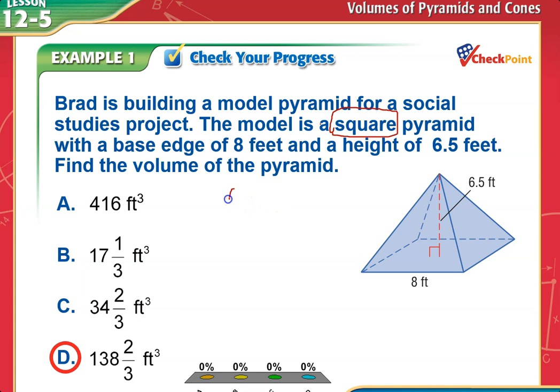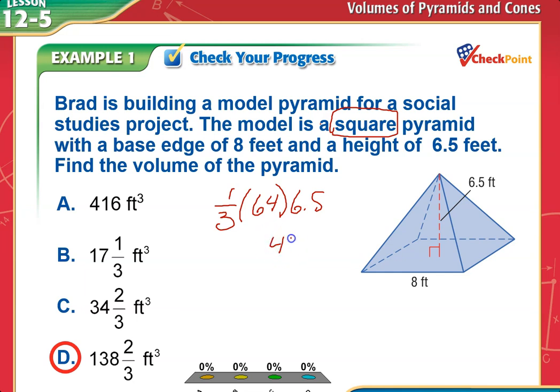So we have 1/3. The base is then 8 times 8, and then that's going to be multiplied by a height of 6.5. So let's go ahead and take 64 and multiply by 6.5, and that gives me 416.